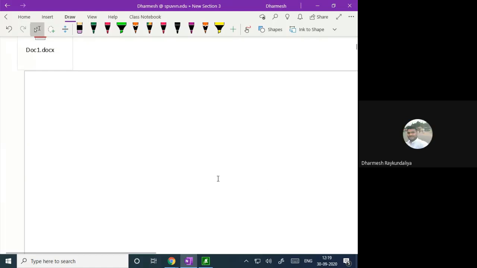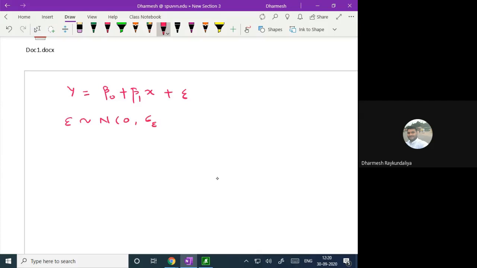So we have started with the linear regression model, where we have, let us say, beta 0 plus beta 1 x plus epsilon. In the linear regression model, we assume that epsilon is normal with mean 0 and constant variance sigma square, and they all are independent, with i running from 1 to n.